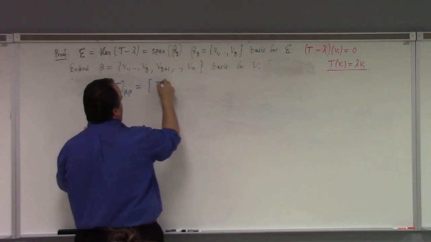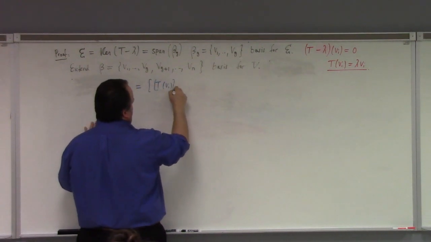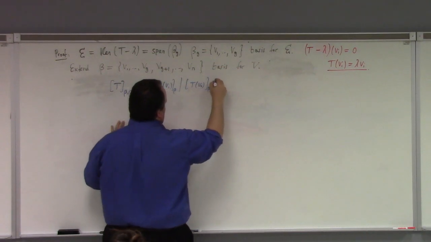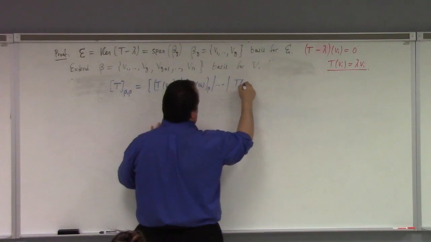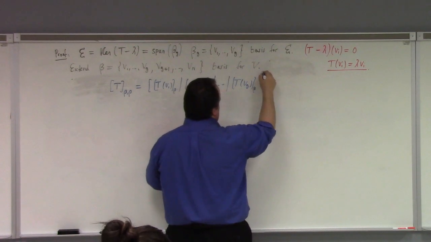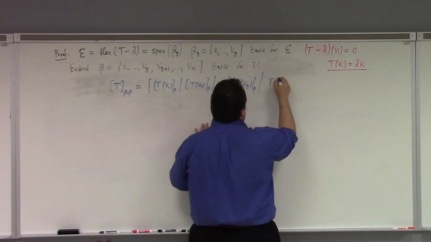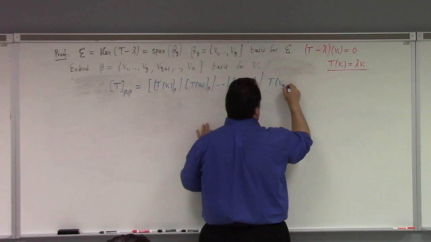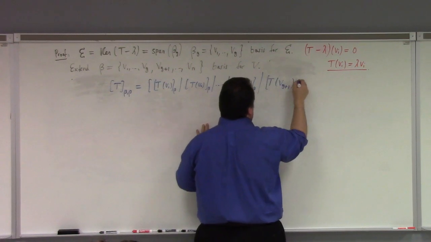The matrix of T with respect to beta is what? We do T of V1, T of V2, and so forth until we get to T of VG, right? Now, I really can't say anything much at all about T of VG.